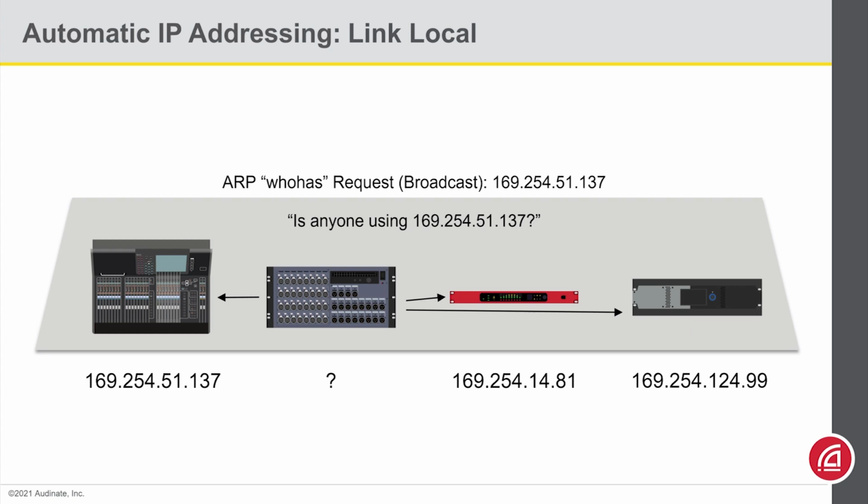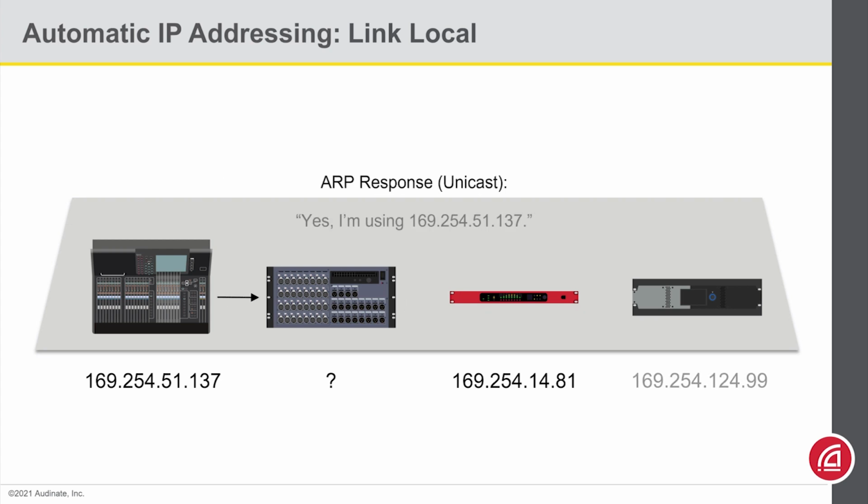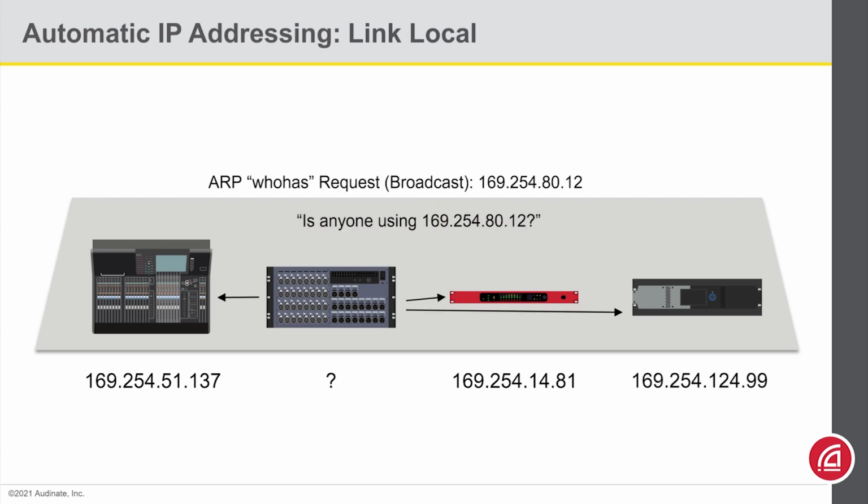This is a broadcast message going to all ports on the network. Basically, it's asking, is anybody using this address? In this case, wouldn't you know it, the first device there is using that IP address. So it will offer an ARP response saying, yes, I'm using this address. Please choose another. The device picks another address at random and sends an ARP who has request again.